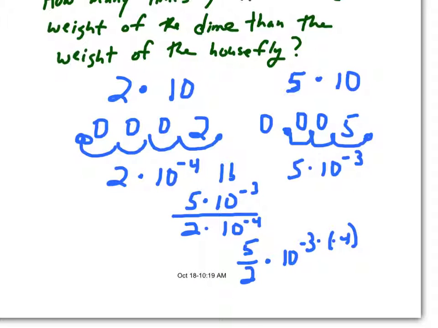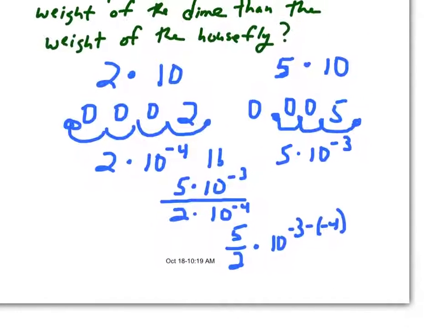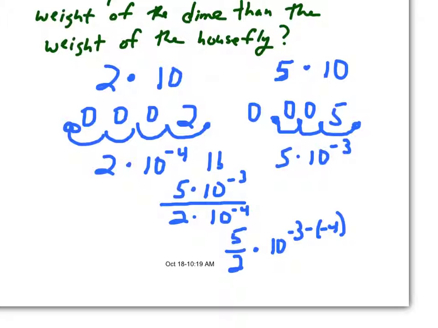So that's negative 3 plus 4. So that's going to be 2.5 times 10 to the first. So that's just going to be 25 times.